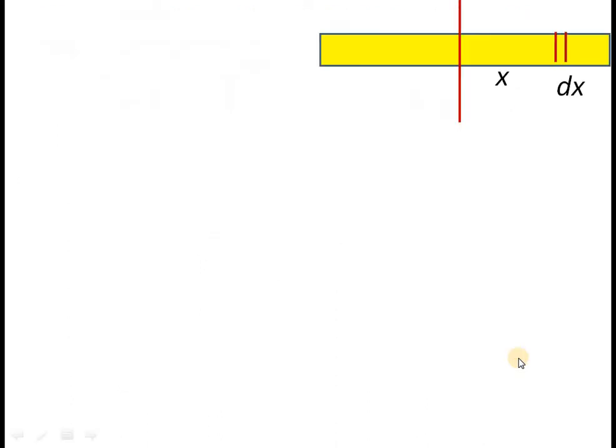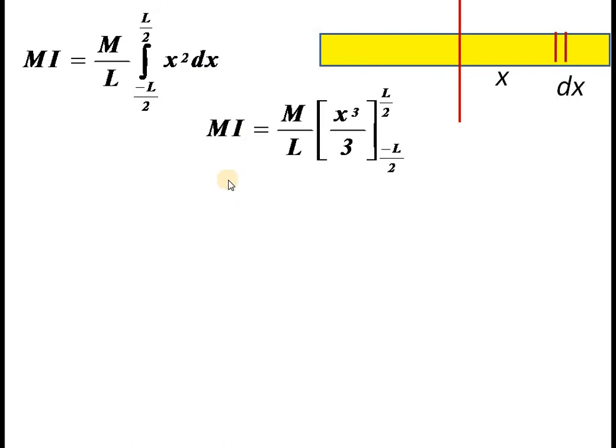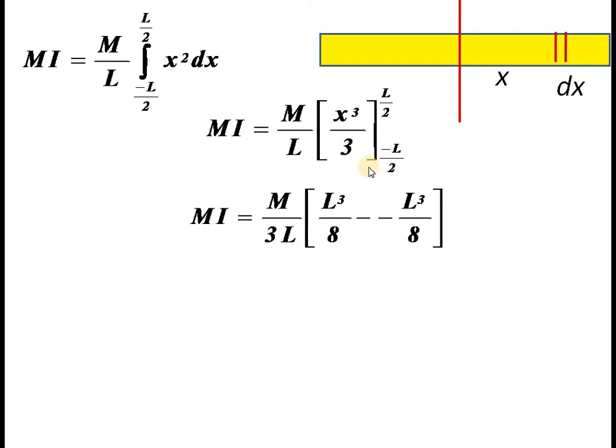That is clear. x square dx you can easily integrate, because that will be x cube by 3. So we get m by L into x cube by 3, with integration limits minus L by 2 to plus L by 2. Before that you can take the 3 outside. So we will have m by 3L into L cube by 8 minus minus L cube by 8.